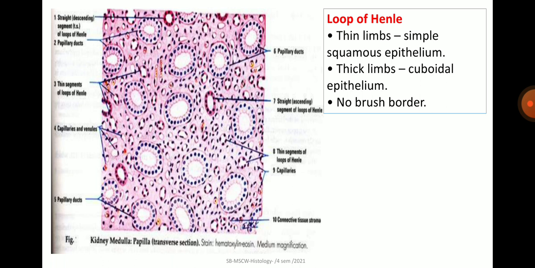Then there is also the straight ascending limb of the loop of Henle. Then there is also connective tissue stroma seen here and there in this particular section.